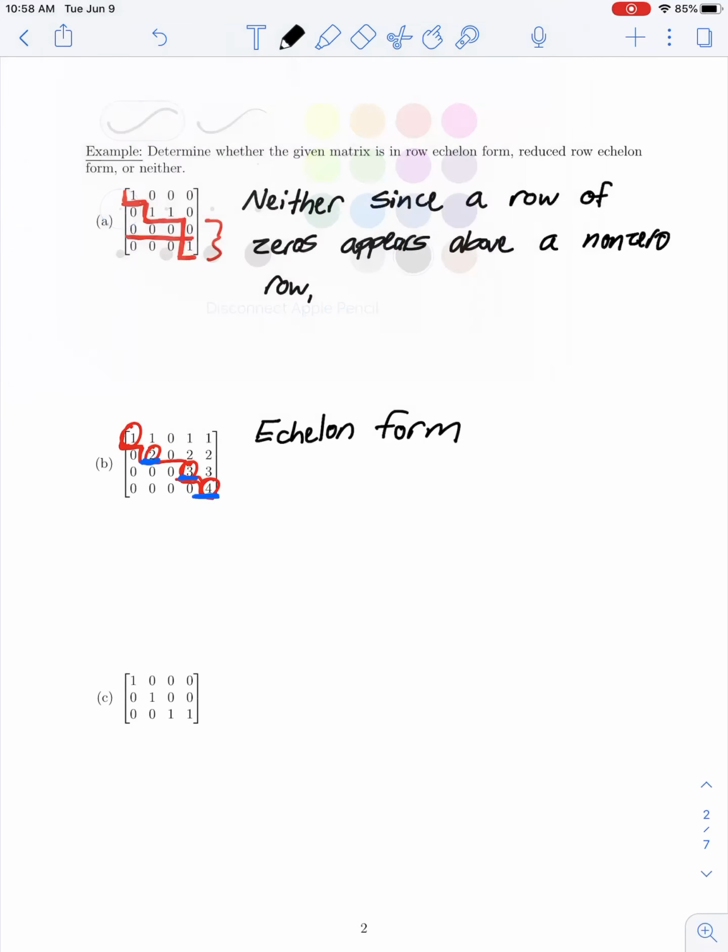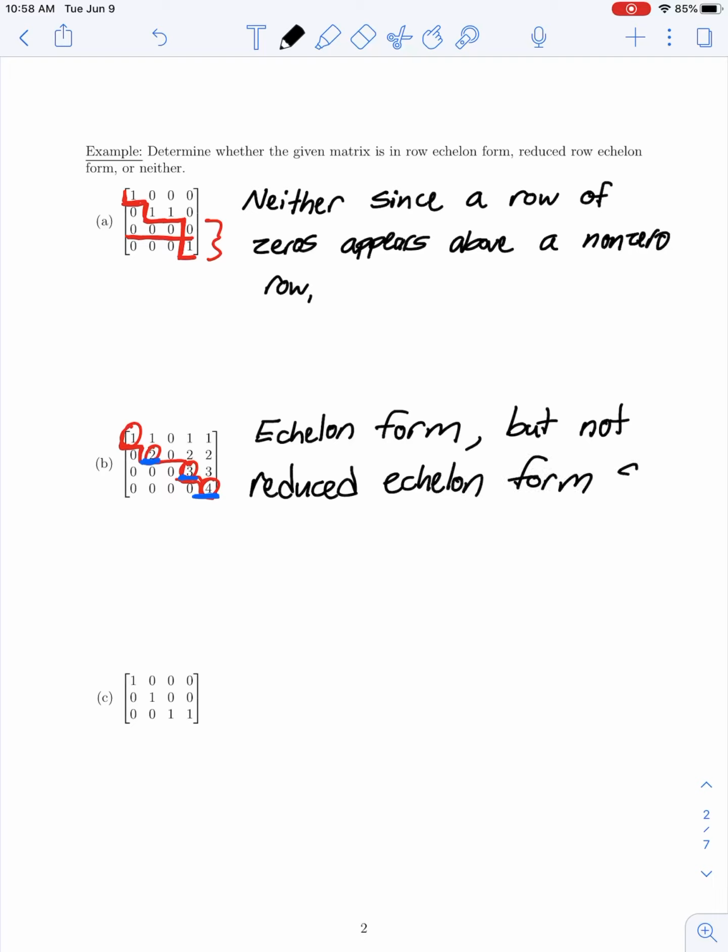So this is in echelon form, but not reduced echelon form. And the reason here is since we have leading entries other than 1.